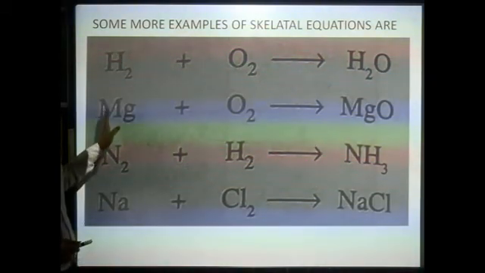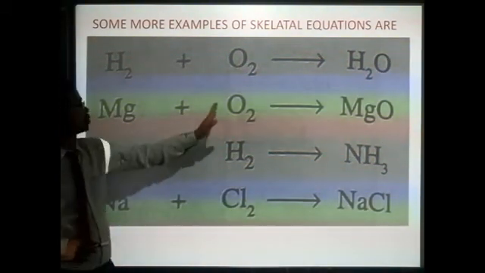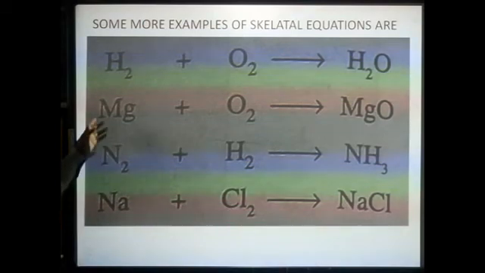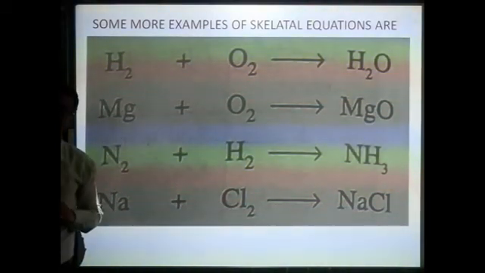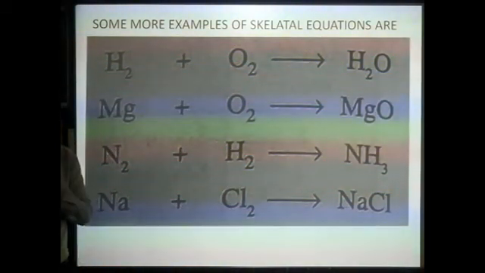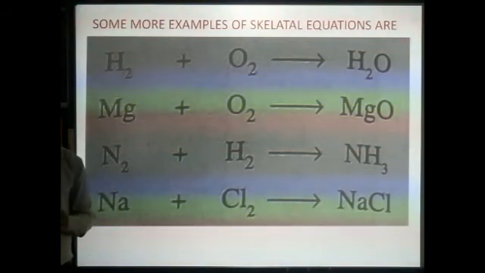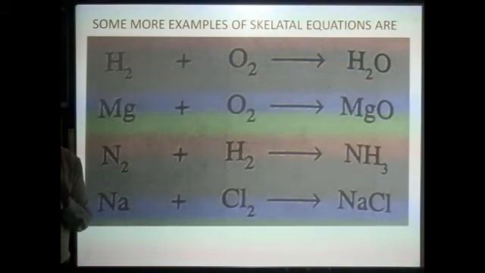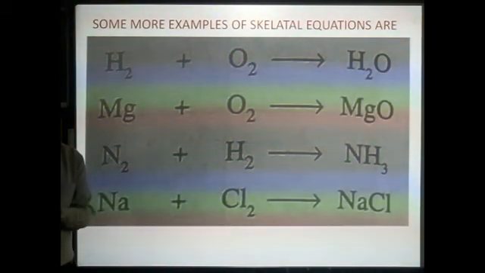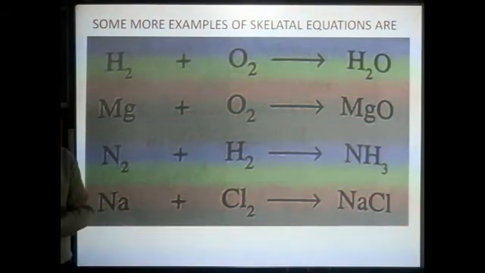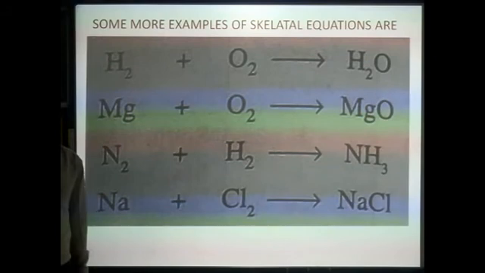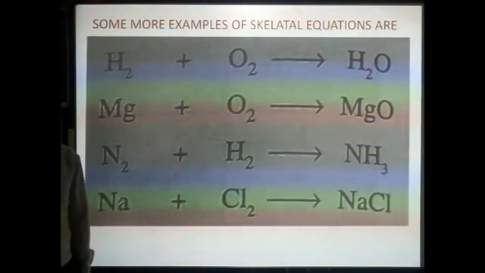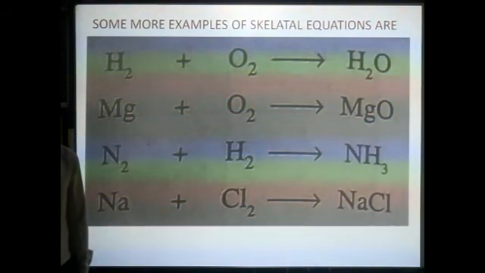Here also Mg plus O2. Now you must be thinking, okay, Mg is also an atom, and it is correct. Yes. All metals are monoatomic elements. Their molecules also have only one atom.